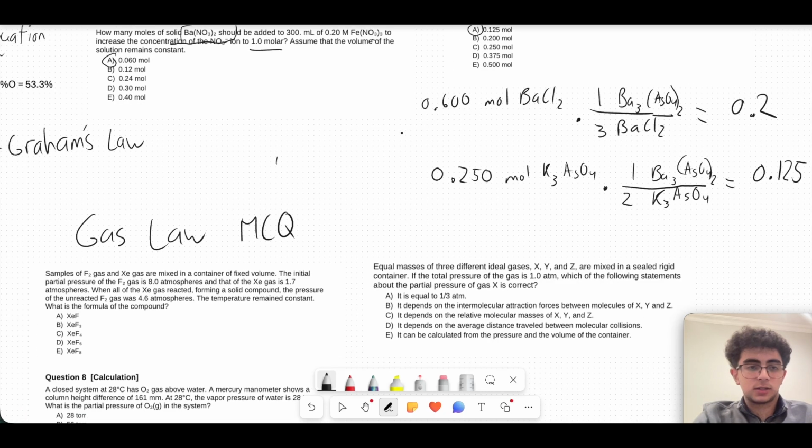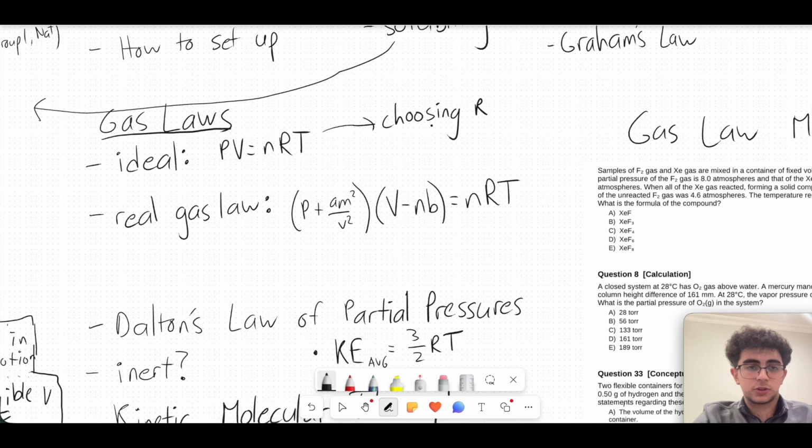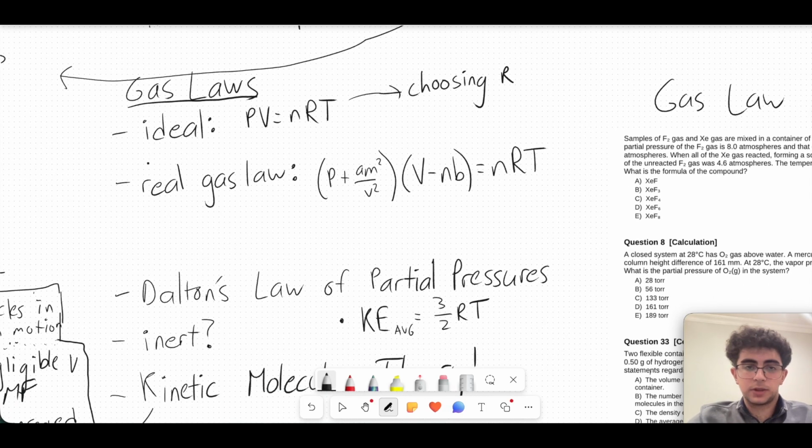Moving on to gases. The very first equation you should know is the ideal gas law, PV equals nRT. R can either be 8.314 or 0.0821, depending on what units you have.